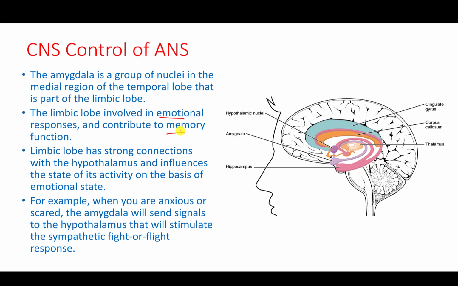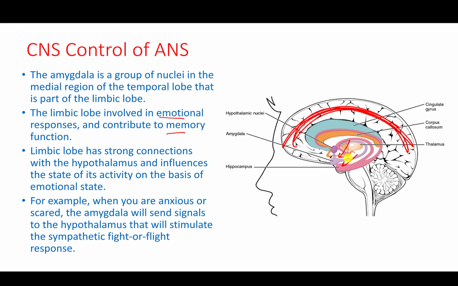So for example, you can remember a happy moment and you will feel your body responding in a very nice way. At the same time, you can remember a bad memory and maybe you can start crying because of that bad memory, right? So all of these different things happen here in the brain and affect the hypothalamus, which means that there is no external factor contributing to the state of the body.